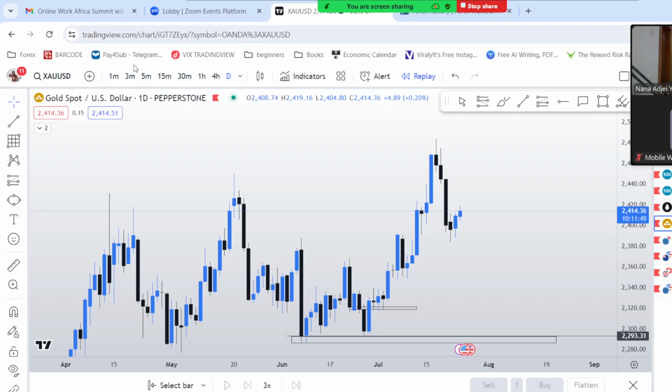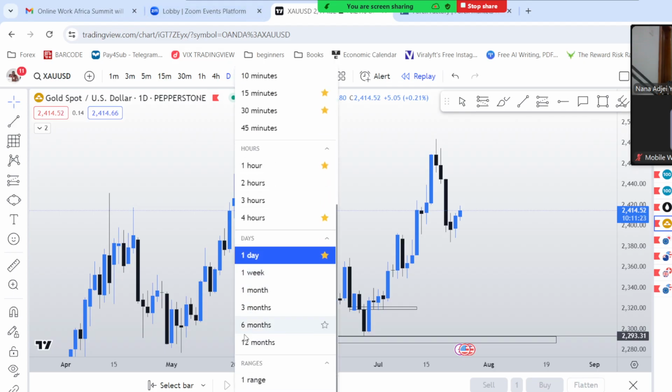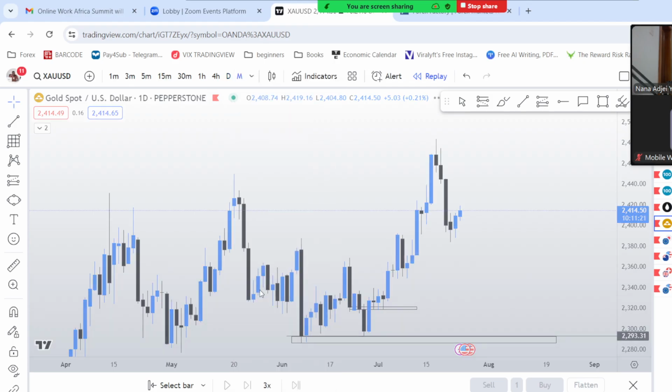We can have the monthly time frame, the weekly time frame, the daily time frame, the 4-hour time frame, the 1 hour, 30 minutes, 5 minutes, 3 minutes, and then the 1 minute. With position traders, they mostly pick their entries from the monthly and then the weekly time frame. So you can see over here, this is the monthly time frame.